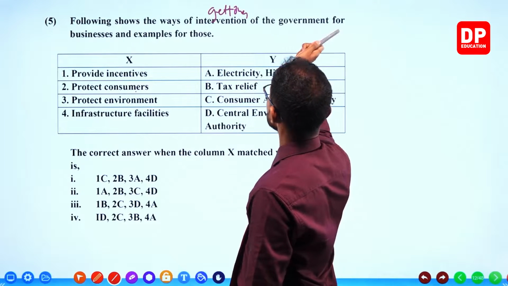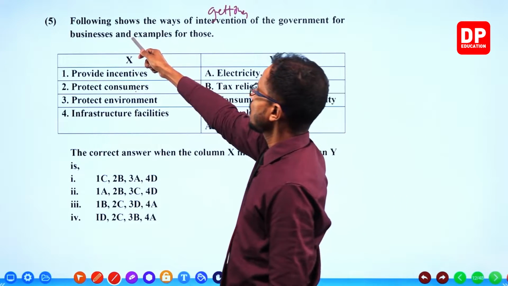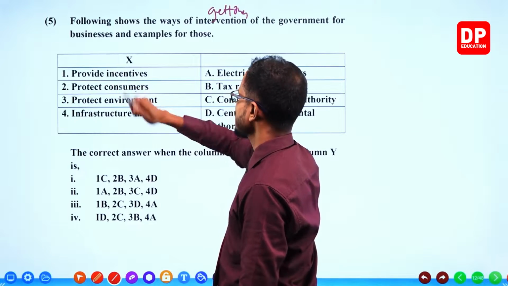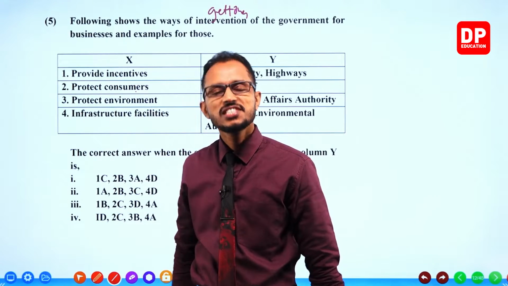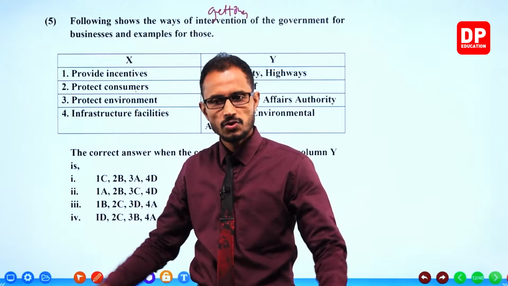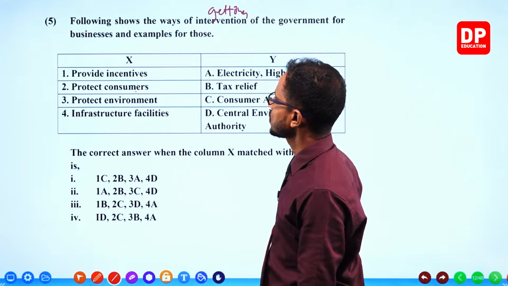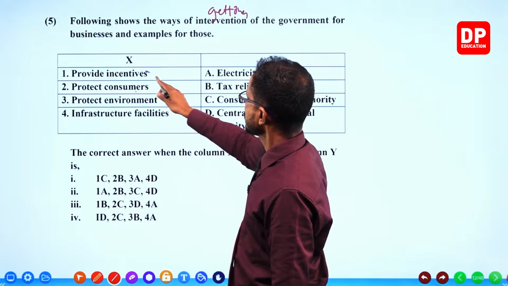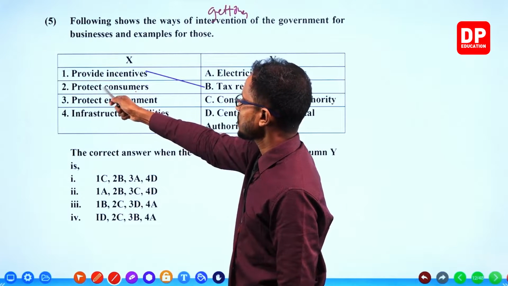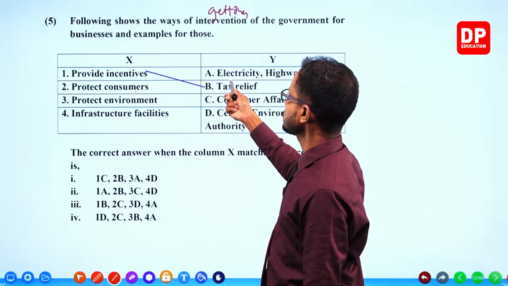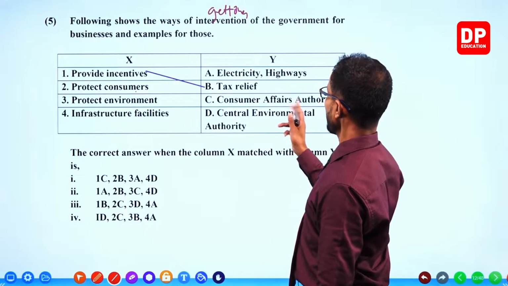Government is getting involved in businesses, okay? And the first way is providing incentives. Incentives means providing facilities and allowances, positive facilities to develop businesses. That should be matched with what? Tax relief? Okay. Then protect consumers. The government is protecting consumers by electricity and highways? No. Consumer Affairs Authority?